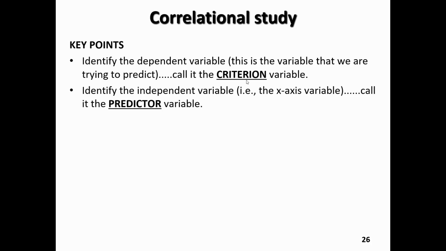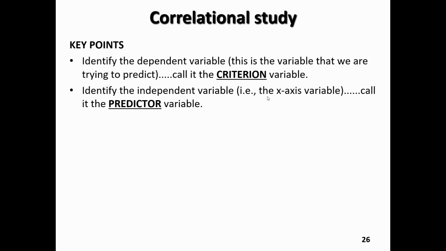The factor or variable that would seem to influence the value of the criterion variable is what we often call a predictor variable, and that's what is plotted on the x-axis. The term independent variable is often used interchangeably with the predictor variable, but if we're talking about a correlational study, it's important that we use the term predictor.